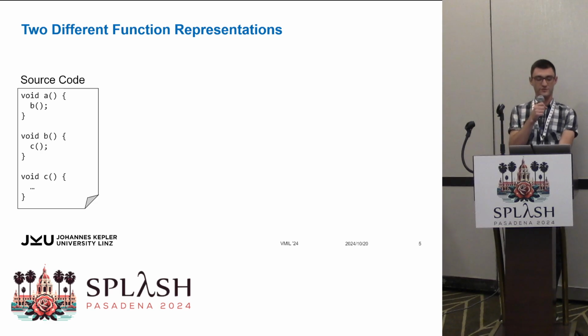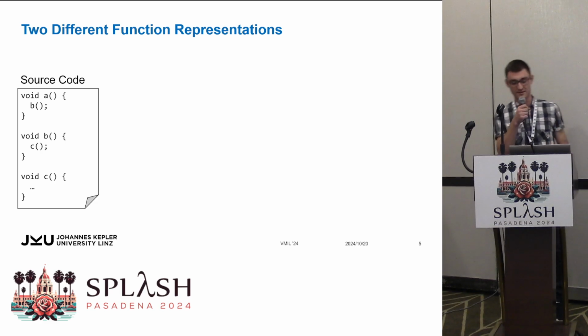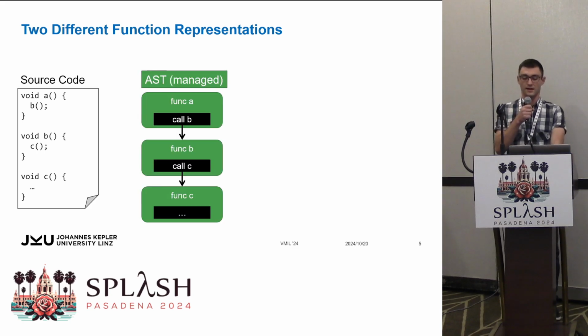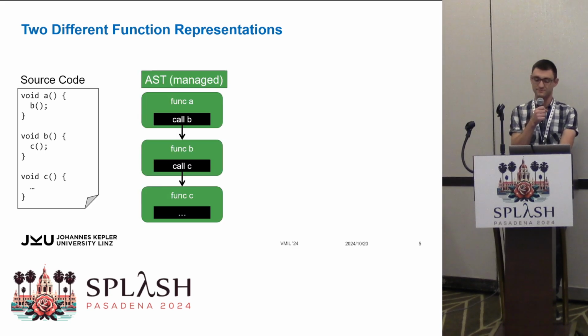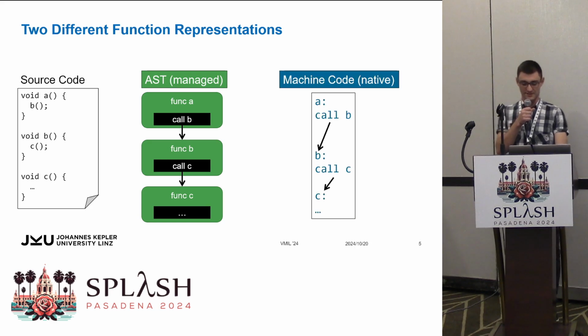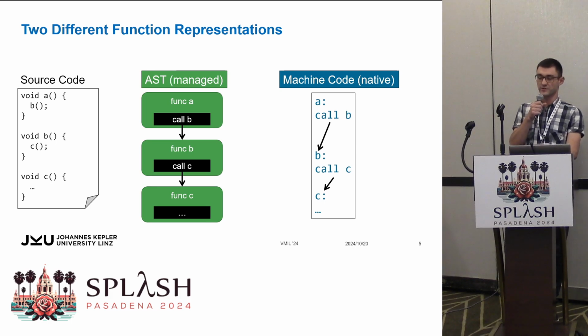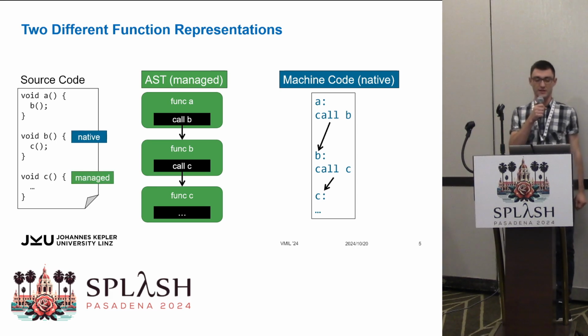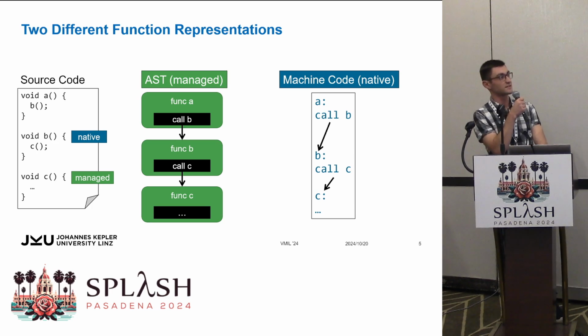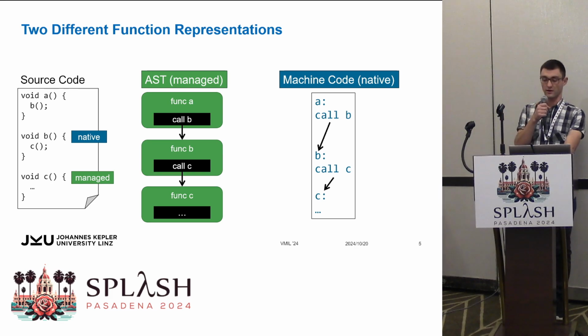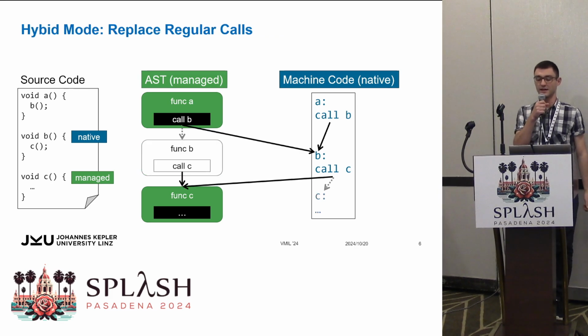We have source code, and in this example we have three functions that are calling each other. The abstract syntax tree, a bit simplified, looks like this. Then the machine code looks like this. Let's say now we want to run B in the native mode and C in the managed mode. To change execution, we have to forward the calls to B, for example, to the native side.